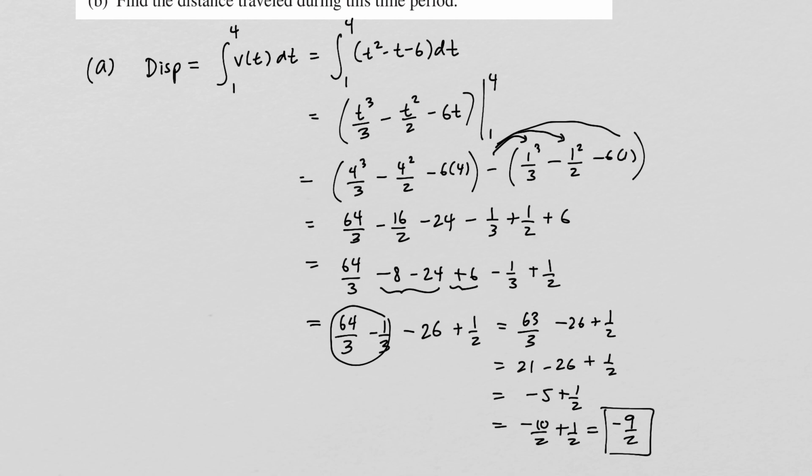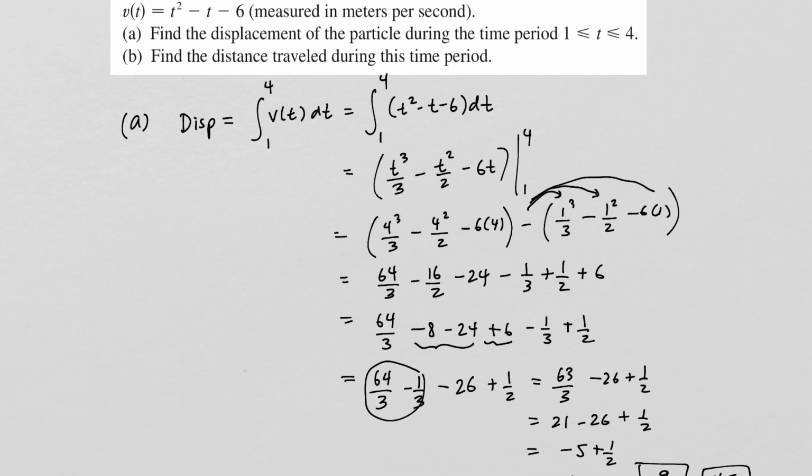So what this means is that when you travel from t equals 1 to t equals 4 seconds here, this object ends up negative 9/2, or negative 4.5 meters behind where it started. So it just means that it moved backwards more than it moved forward.